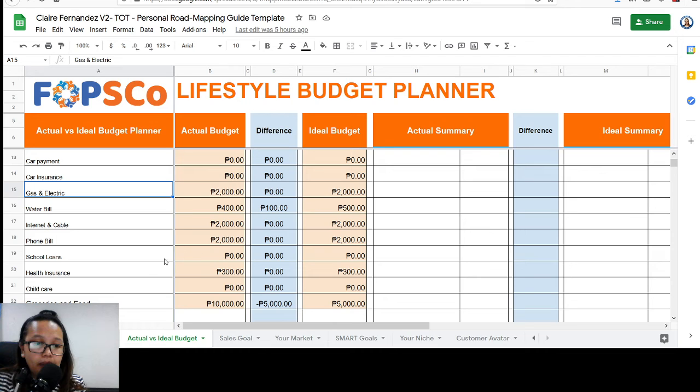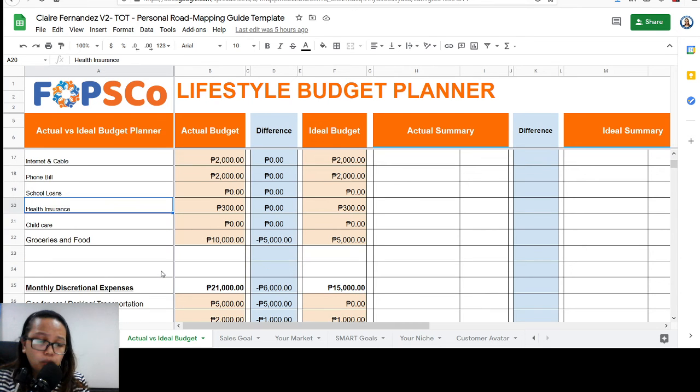School loans, it's zero because in my case my children are in public government schools, so it's free. Special thanks to our government. Then we have the health insurance, 300 pesos for PhilHealth. Childcare, zero. Groceries and food, I think this is where we spend most of our money, so it's 10,000 pesos.